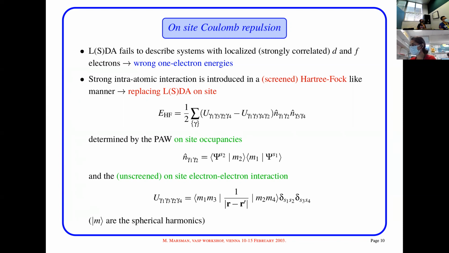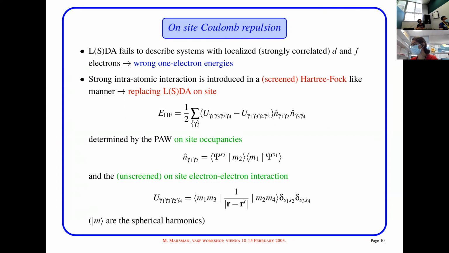And the problem with that is that if we have the D and F orbital electrons, they are very localized. So these self-interaction mistakes, these mistakes that happen because we consider interaction between an electron and itself, will be much, much stronger for these electrons.